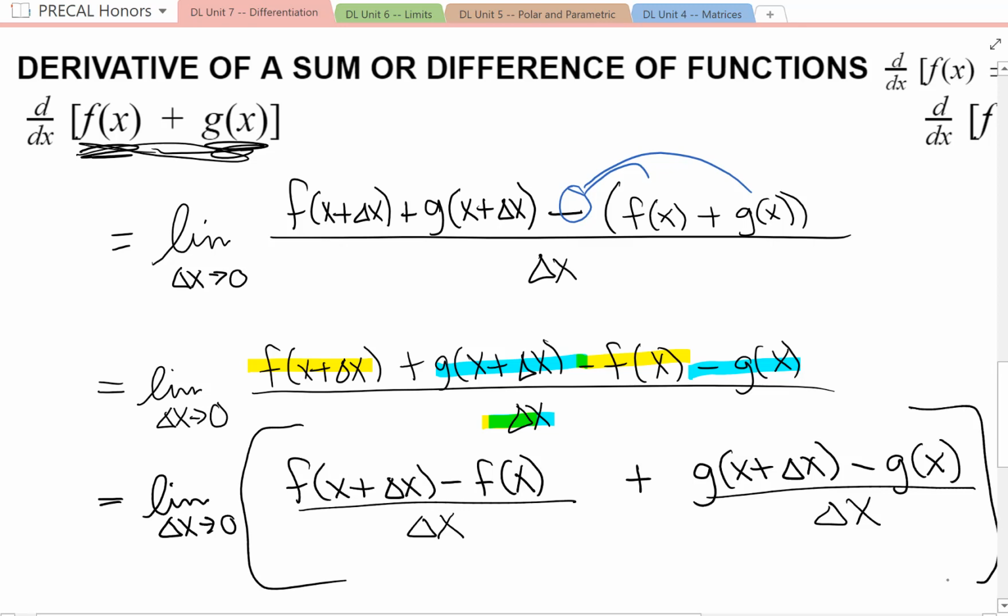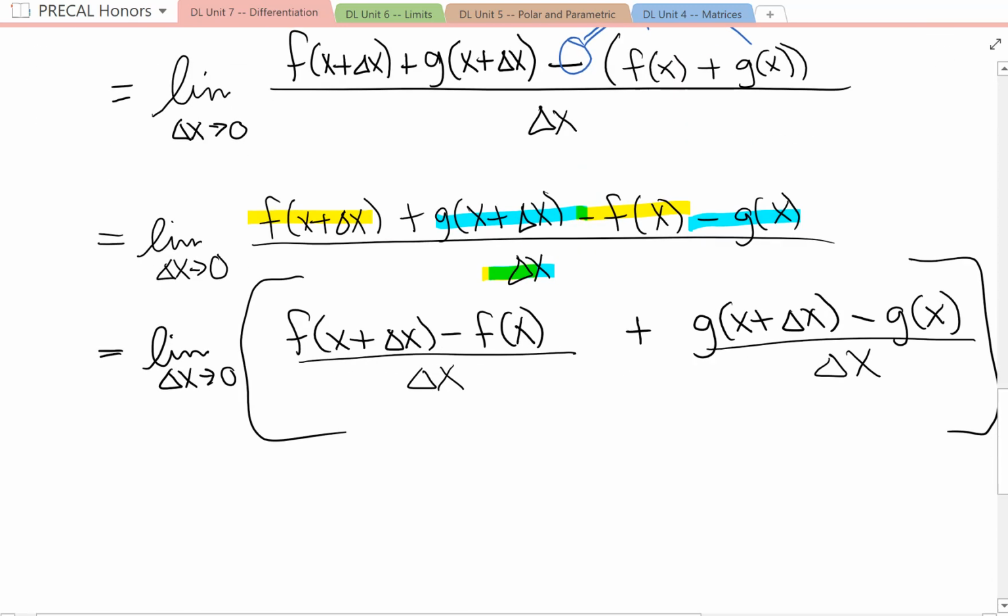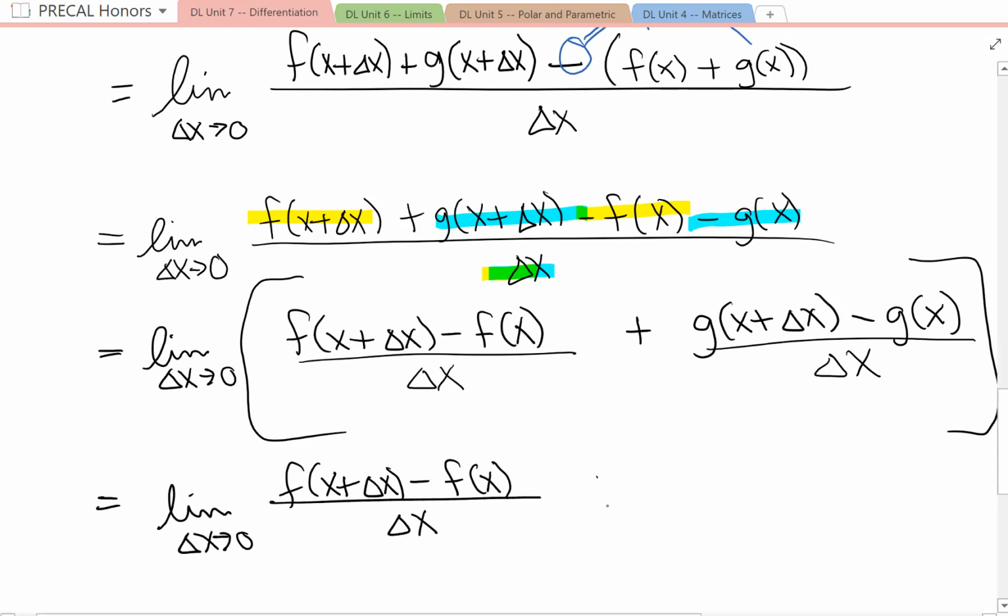And if you're taking the limit of a sum, the limit of a sum of functions is just the sum of their limits. So you can write the limit as delta x approaches 0 of the first fraction plus the limit as delta x approaches 0 of the second fraction.